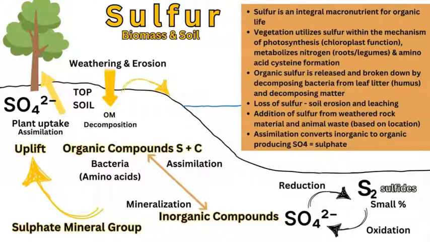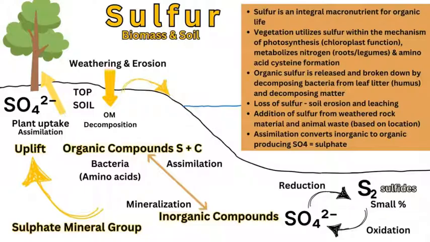For example, in trees, the leaves, the chloroplasts, which are in the chlorophyll, which is used in photosynthesis, is going to use sulfur to stay healthy and maintain that function of taking sunlight and adding oxygen and CO2 and producing glucose and sugars for growth, which is a vital part of our ecosystem.